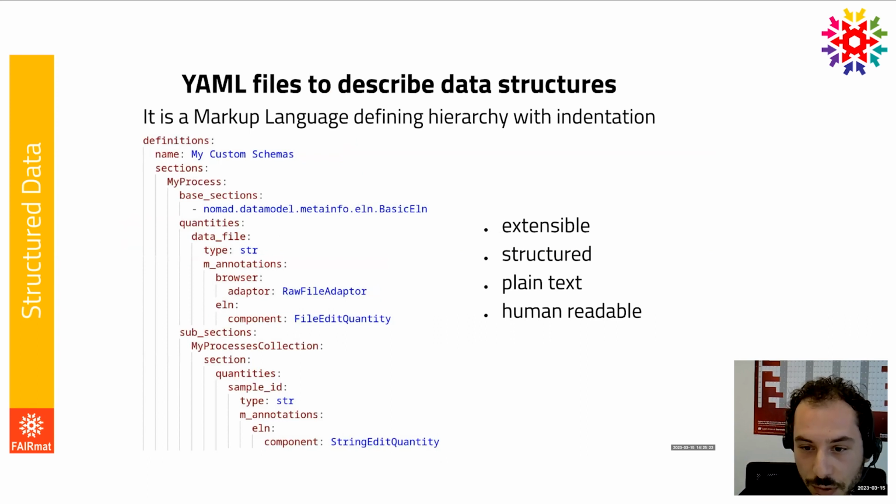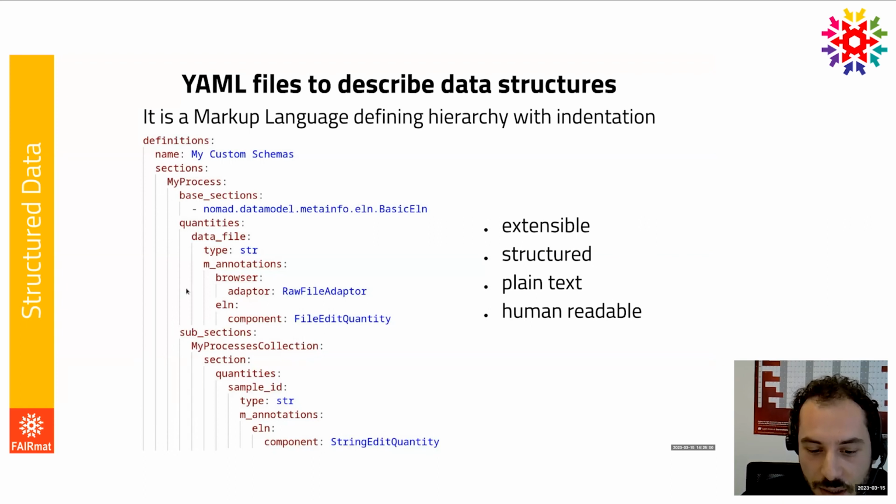In our case, we choose to use YAML, this specific file format, because it presents all the advantages of a markup language. It is extensible, in the sense that, as you can see, we may hit enter at any point and start adding new information. It is also simple plain text, which makes it easy to write. Another advantage of YAML is that the hierarchy is simply translated as indentation.